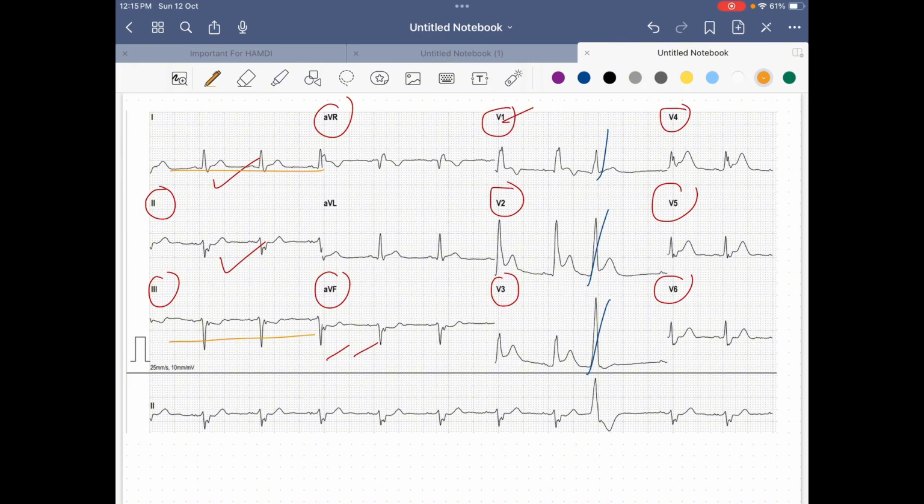And between 1 and 3, you've got AVL. AVL is okay. This is a pattern called the South African flag, right? And it indicates an occlusion in D1, okay? All in all, you've got an anterior infarction going on.